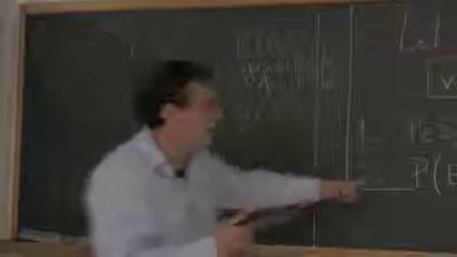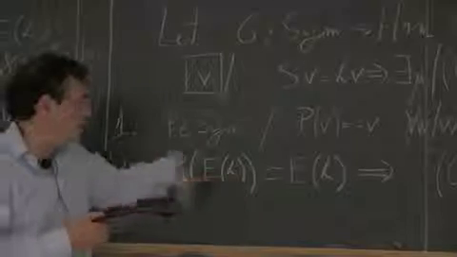So if B is mapping E lambda inside E lambda, then B and A are commuting. We need to prove this. So the idea is the following.